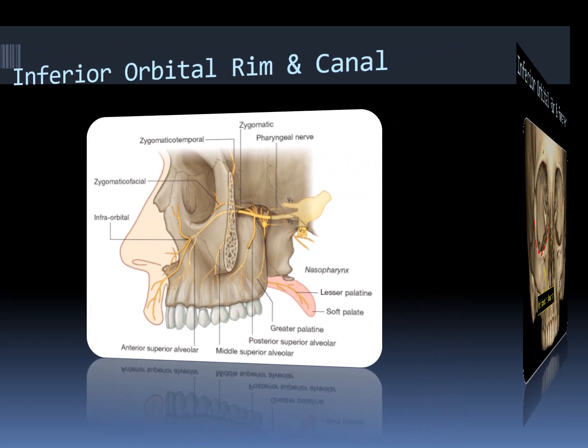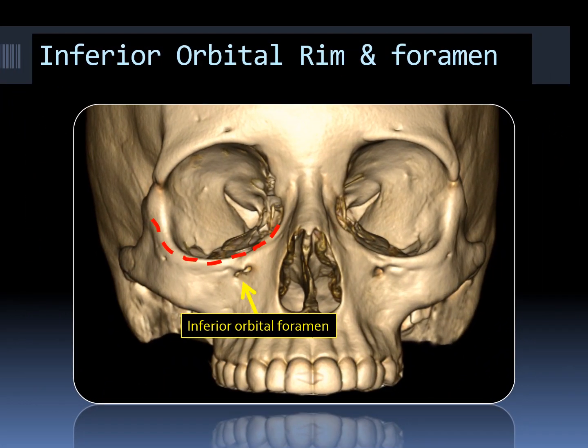The next area is your infraorbital foramen. It is an opening in the maxillary bone located below your infraorbital rim here. It transmits the infraorbital artery, vein, as well as your infraorbital nerve, which is a branch of your maxillary nerve.